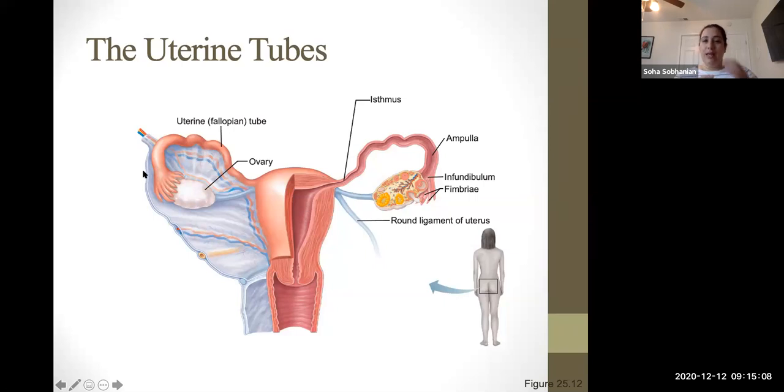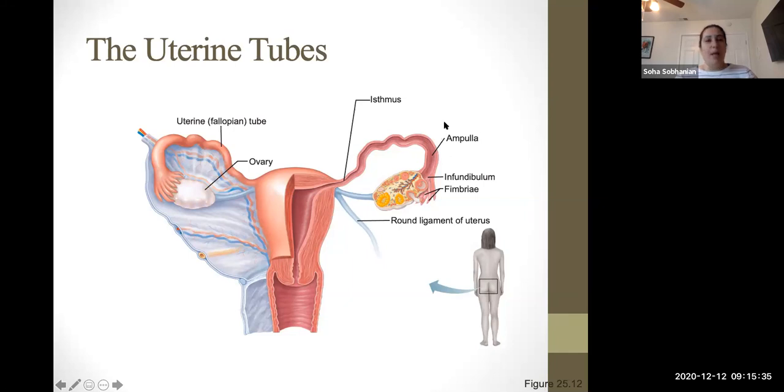So when you're looking at the fallopian tube, there are multiple parts to it, or segmentation to it. You have the area immediately after the fimbriae called the infundibulum. We saw that for the brain as well. You have the curvature in the fallopian tube called the ampulla.